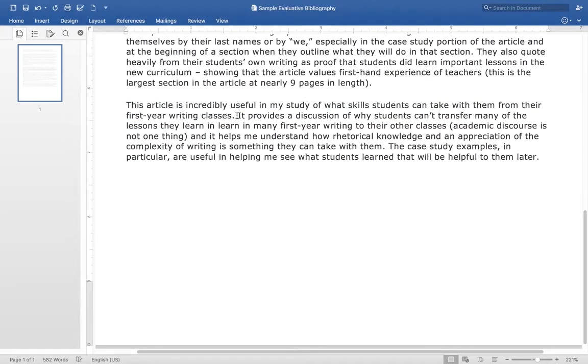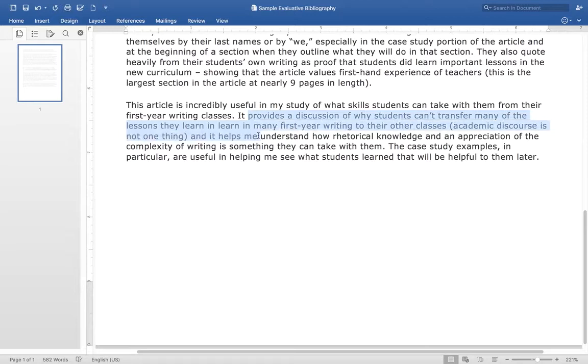So the person who's writing the entry for this evaluative bibliography is working on this topic specifically: what skills students take with them from a first-year writing class. That's what the author of this evaluative bibliography is going to be researching. So this article is useful for this specific thing that I'm studying. Why is it useful?